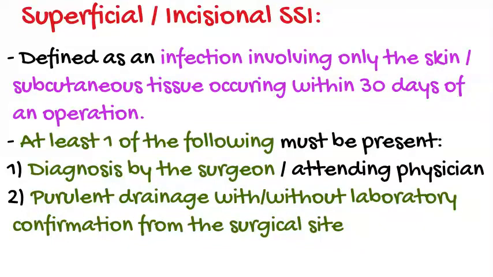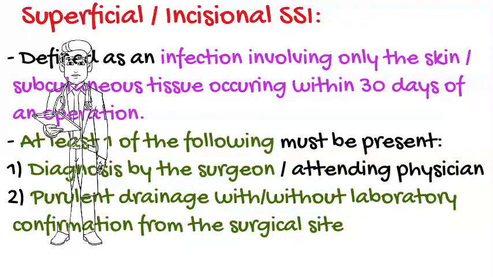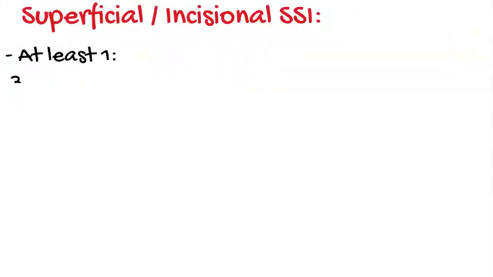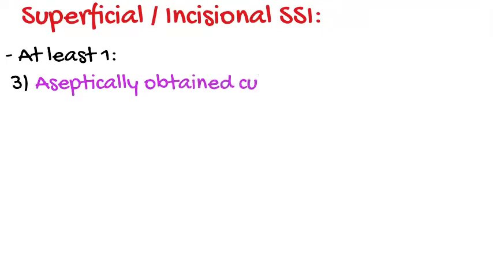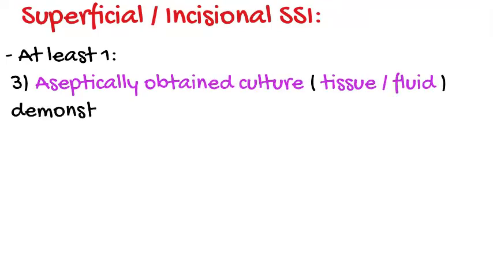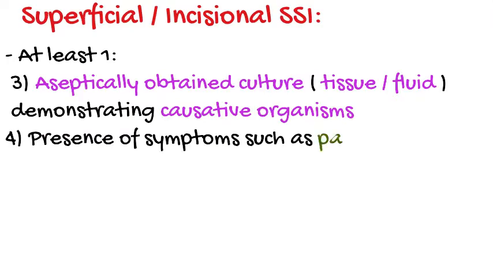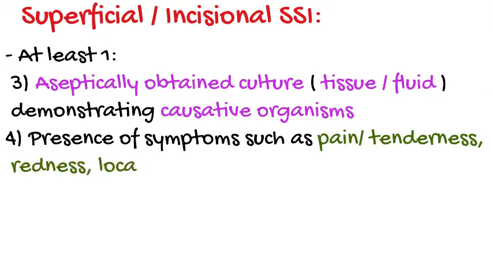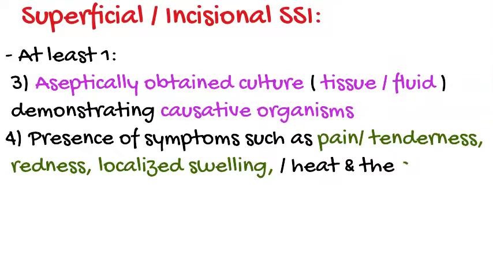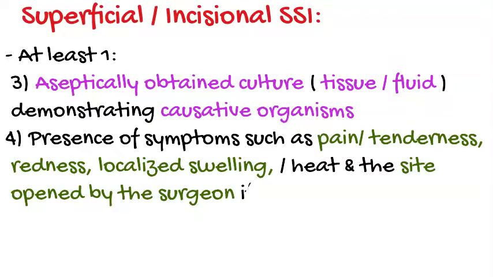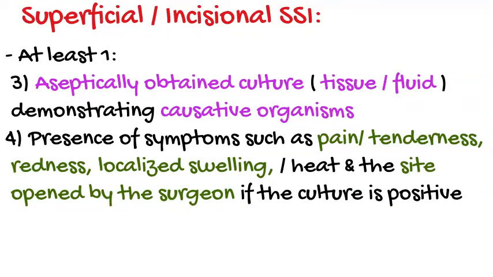Number 2, purulent drainage with or without laboratory confirmation from the surgical site. Number 3, aseptically obtained culture from tissue or fluid demonstrating the causative organism. Number 4, presence of symptoms such as pain or tenderness, redness, localized swelling or heat, and the site is opened by the surgeon if the culture is positive.